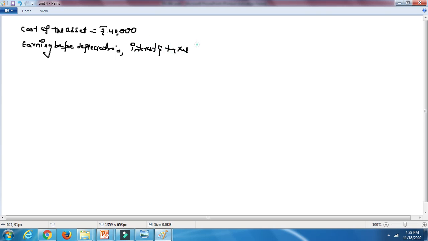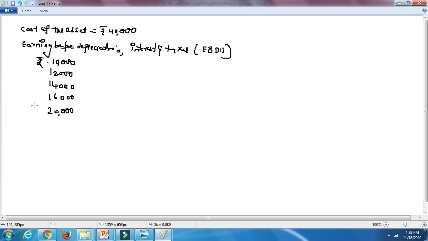How much has he given you during the first 5 years? Rupees 10,000 for the first year. Second year 12,000. Third year 14,000. Fourth year 16,000. Fifth year 20,000. This is what he has given you.